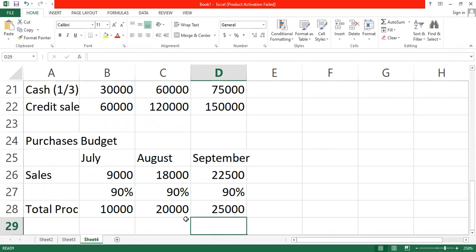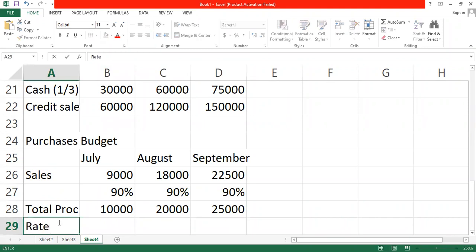Okay, so these are the actual units that we are going to purchase, isn't it? And 10% of them will be declared bad, and 9,000 will be sold. So the actual purchases are 10,000, 20,000, 25,000. How much is one t-shirt? 6.